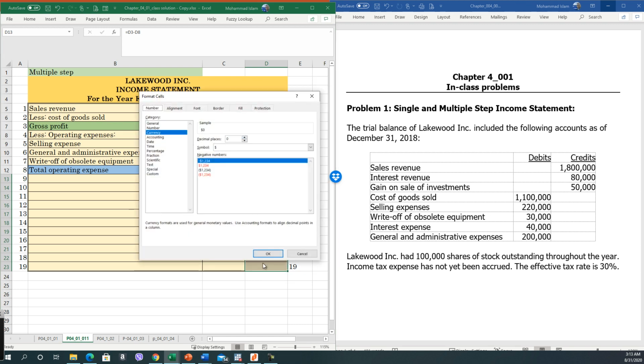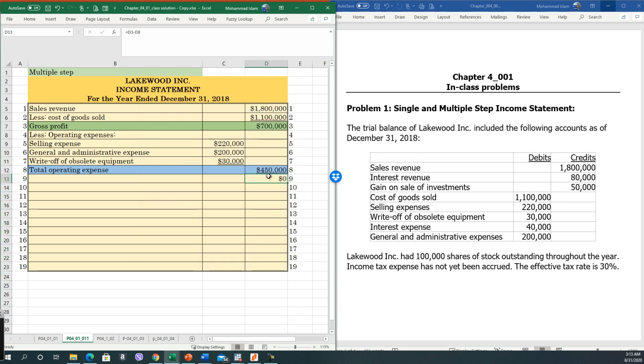So yes, okay, let me use this one minus, let me write it down. 700,000 minus 450,000.